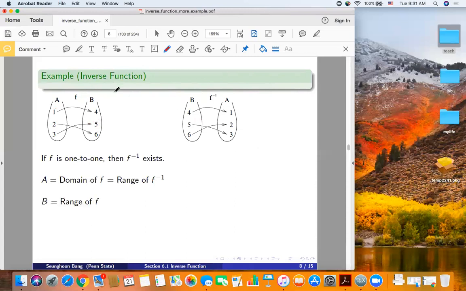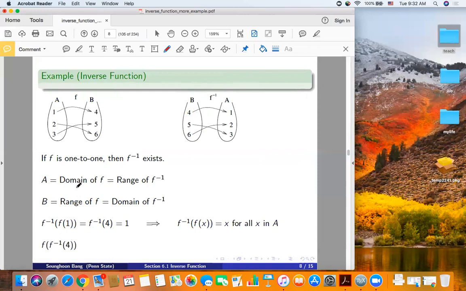B is the range of f, exactly the same as the domain of the inverse. What's inverse of f of 1? The f of 1 is here. 1 is going to 4. So what's inverse f of 4? 4 is going back to 1. So what happens? Cancelled. We call it the cancellation equation.